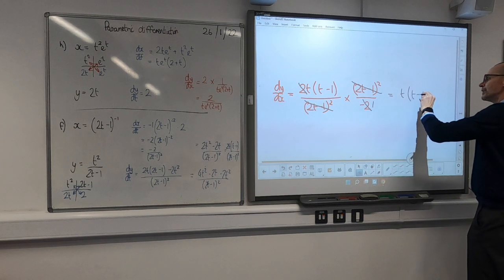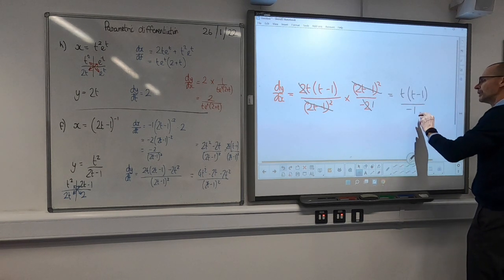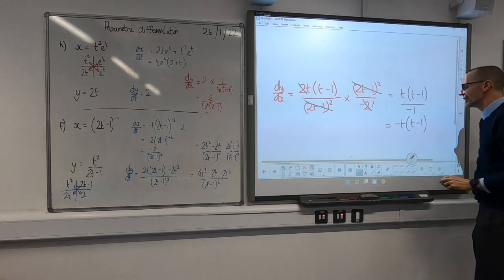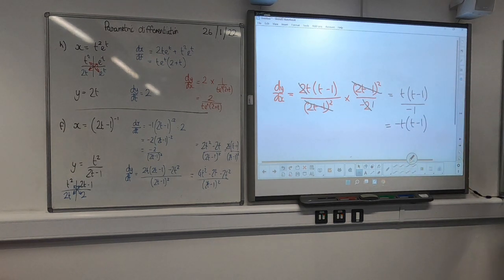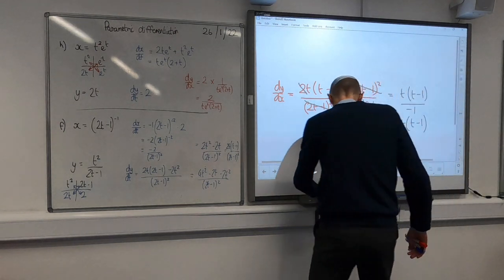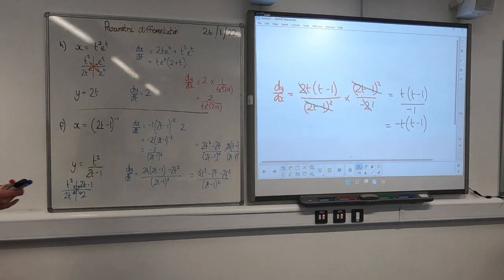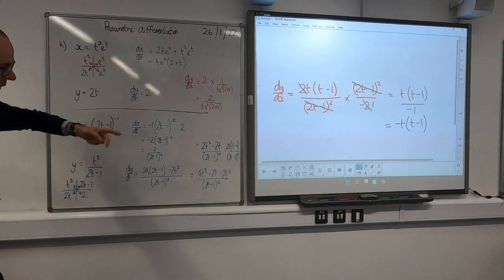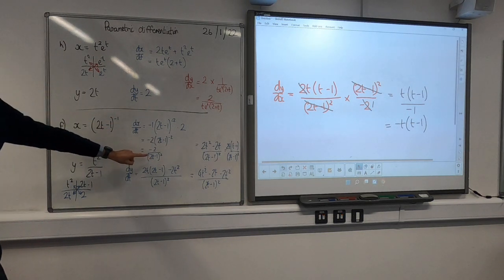I've got t times t minus 1 over minus 1, which I would write like this, although I note that in the book they multiply that by minus 1 to make t times 1 minus t. It's the same thing. So forgive me for labouring this, but there's quite a lot of value in making sure you're with me. dx by dt, which is the one we flip, it's always better if we can write it as a fraction.